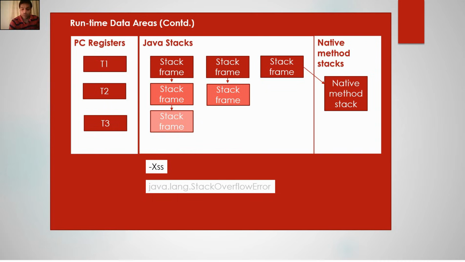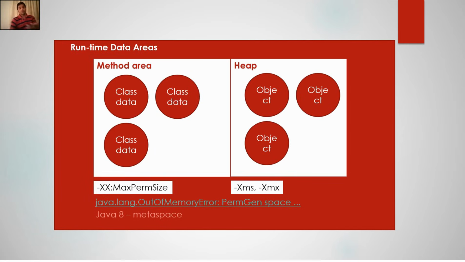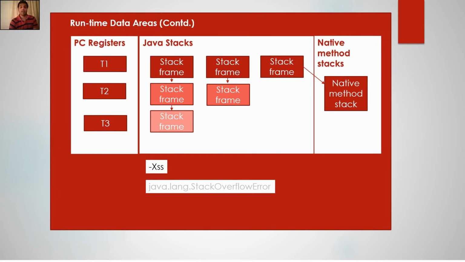So we talked about the runtime data areas, which are the method area for class data, heap for object data, PC registers per thread for the program counter, and Java stacks per thread for keeping the currently executing method's stack frame. As I said, these 3 are per thread.